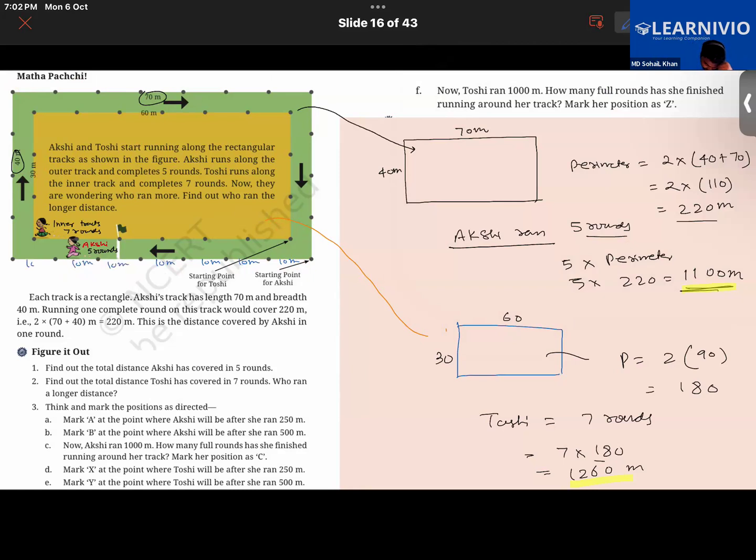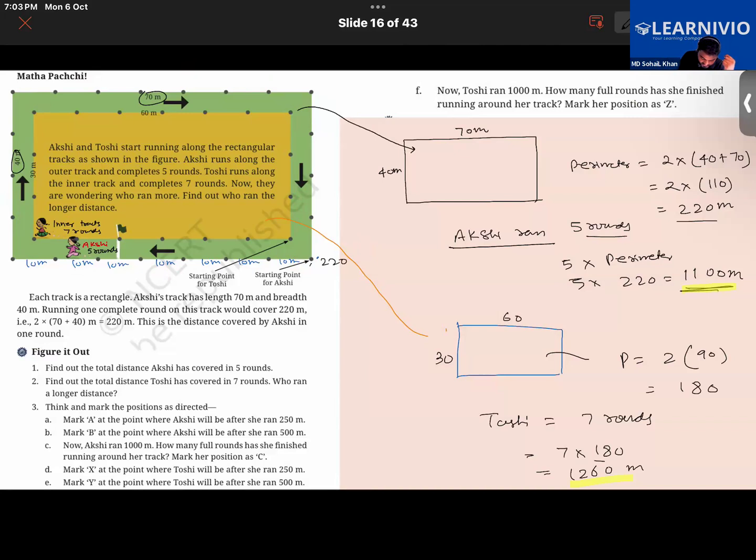So where is she going to be after running 250 meter? Once she does a complete round in the outer track, it is equal to 220 meter. When she does an entire round in the outer track, she will come back to this point here. So that is 220 meter.